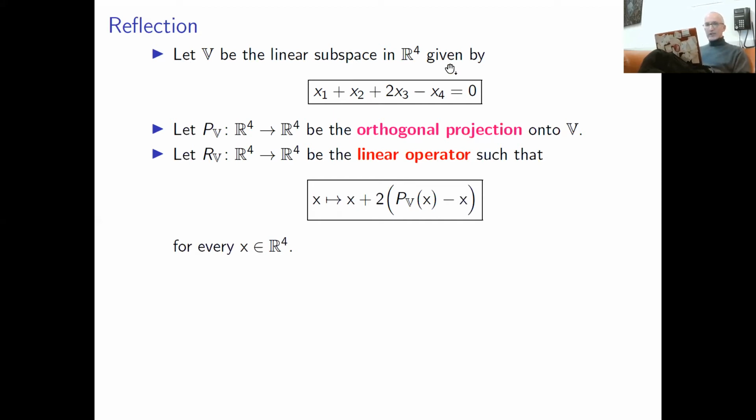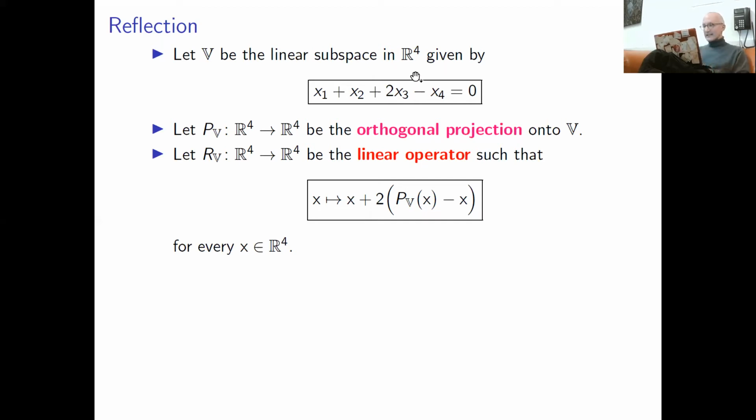In the previous lecture, in the example class, we described 5 different ways to find the formula for the orthogonal projection. Because of this, I decided not to consider orthogonal projection in this example, though I could. Instead I decided to consider a slightly more complicated linear operator, which you can call orthogonal reflection.